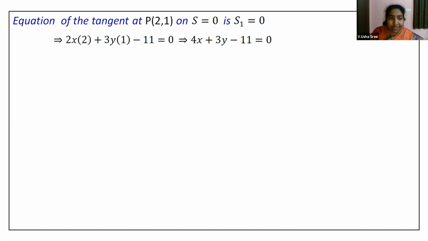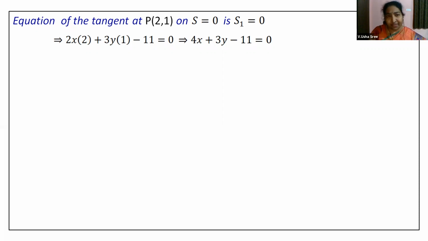What is this, children? This is the tangent equation. Now, here I need to mention a point. When you are writing S1 equal to 0, you need not go for writing the given ellipse equation as x square by a square plus y square by b square equal to 1 always.